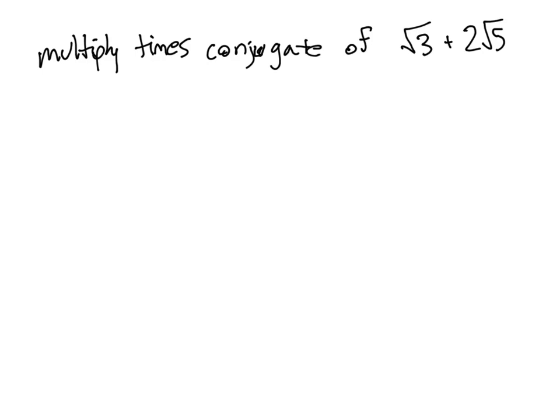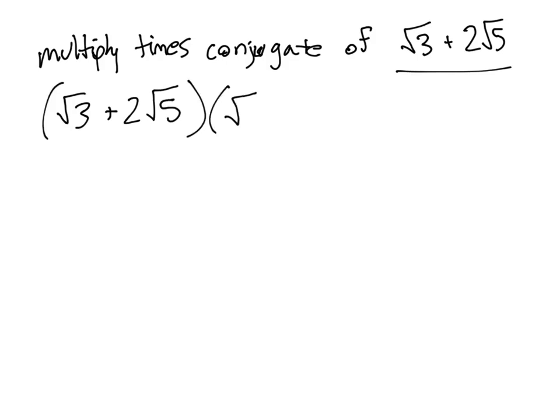If we want to multiply times the conjugate of this expression to get these radicals to cancel out, we'll keep the first term with the same sign and multiply times the conjugate, which has the sign of the second term reversed. And here is our shortcut.